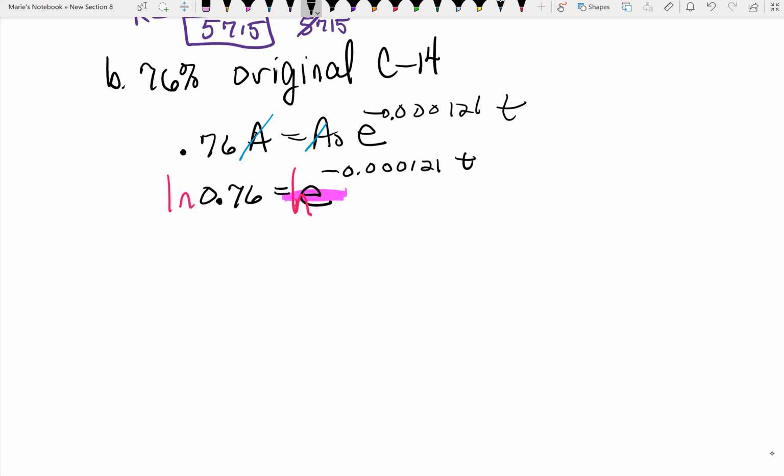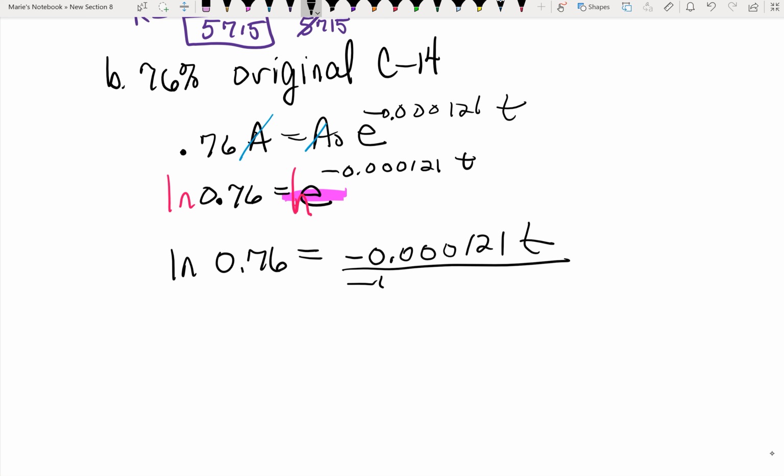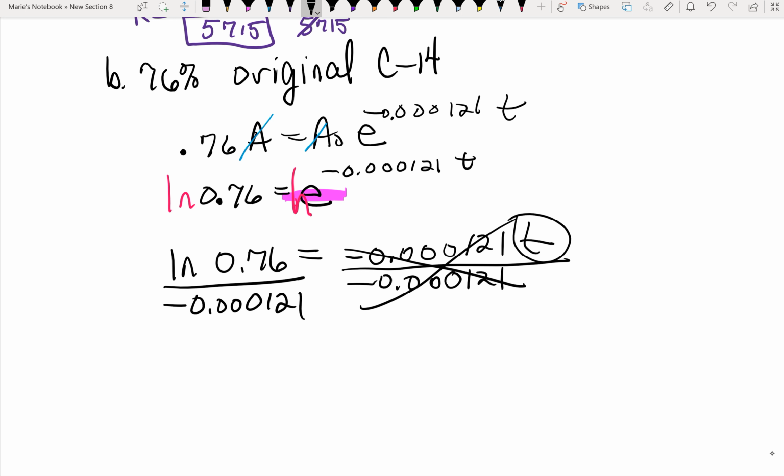We're left with the natural log of 0.76 equal to negative 0.000121t. To solve for t, I simply divide by negative 0.000121 on both sides of this equation. This will cancel out and you're left with t equals this, and therefore t equals 2268.